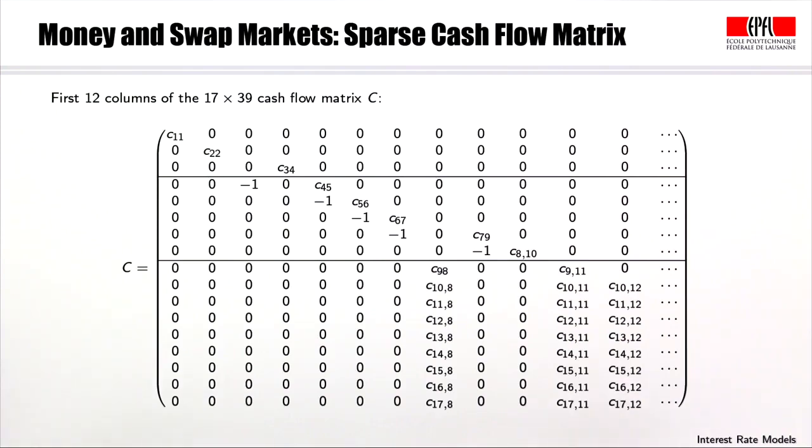Again, what we see here is not the full matrix, we just see the first 12 columns, in fact, of 39 in total. Again, we see the matrix is full of zeros and is sparse.